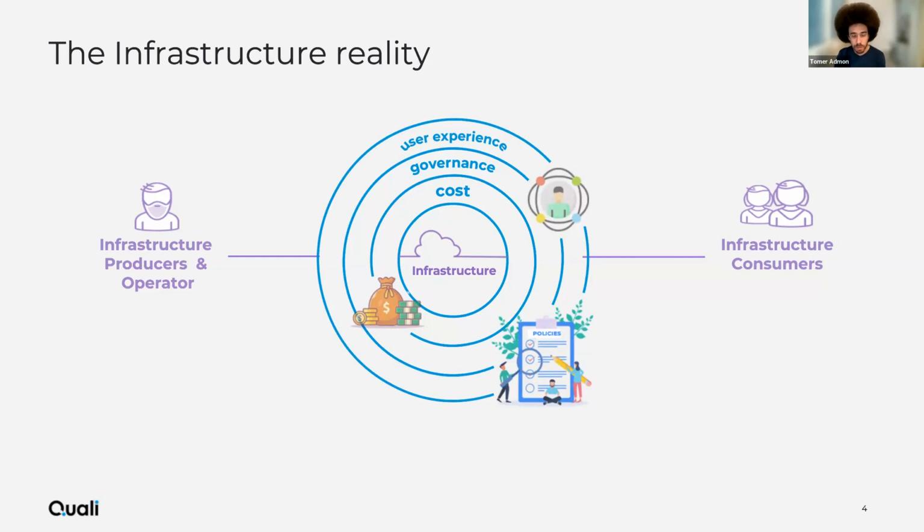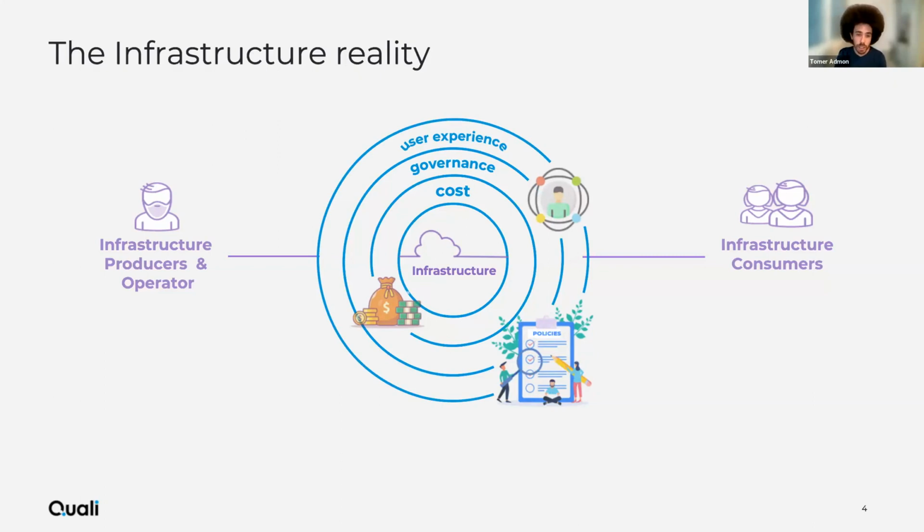Lastly, the user experience is really important. Now we're talking about cost efficiency, and we're talking about maybe velocity of development in organizations. The user experience is really what I would phrase as how the end user, the infrastructure consumers, get the infrastructure in the right way. So just imagine a very complex cloud environment that was orchestrated, built, and maintained by the infrastructure producer or operator.